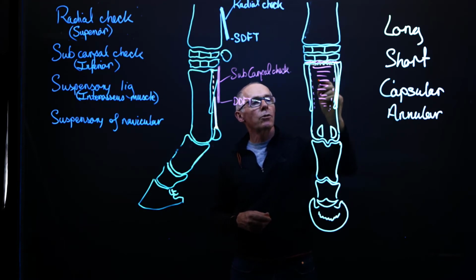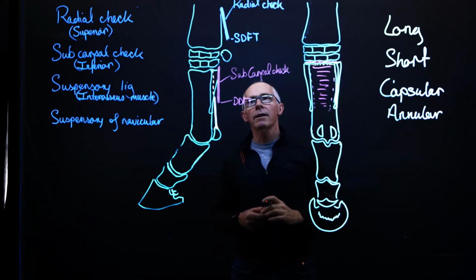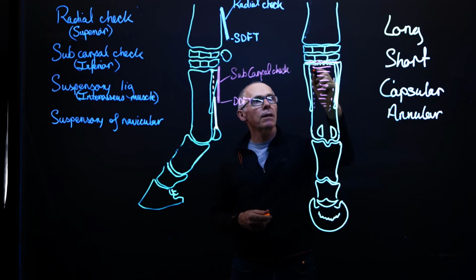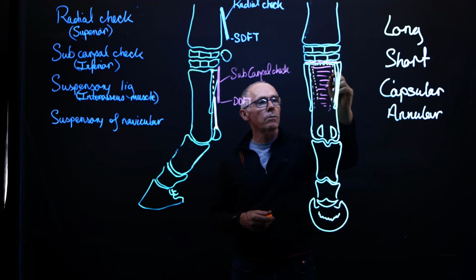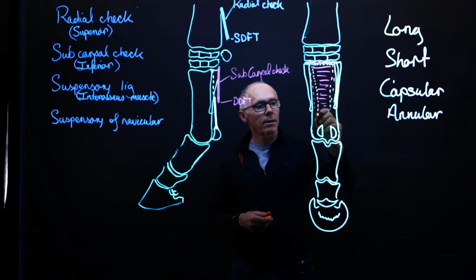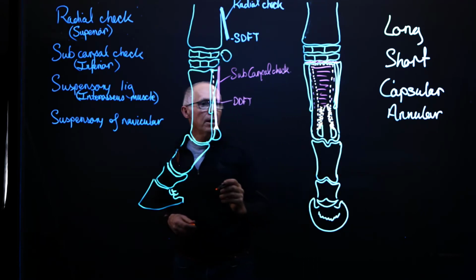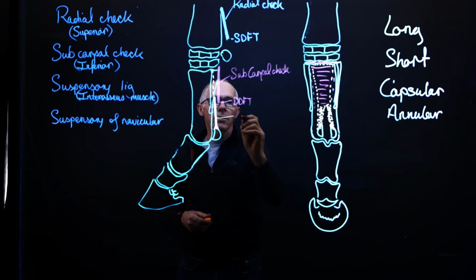It's deep to the subcarpal check ligament, closer to the center of the leg, runs down as an individual single strap and then divides just like a pair of suspenders and inserts onto the proximal sesamoids on the proximal border. So that's the suspensory ligament.